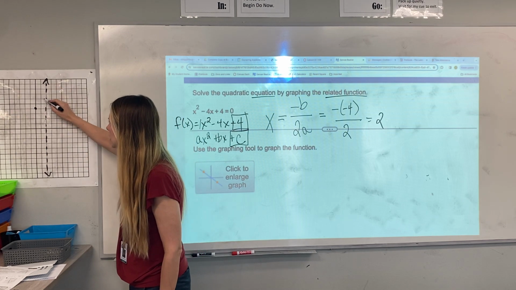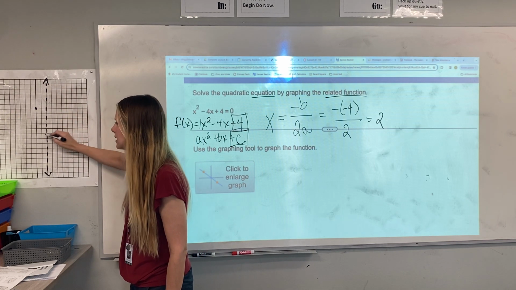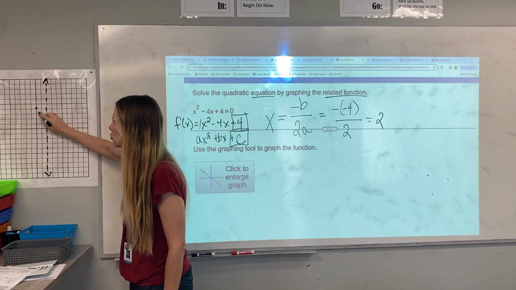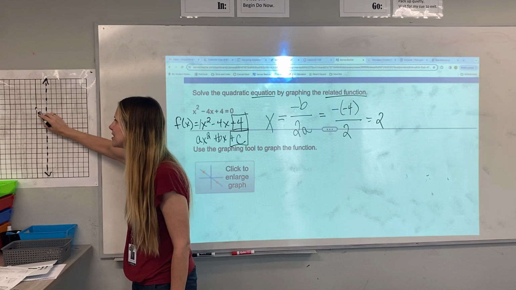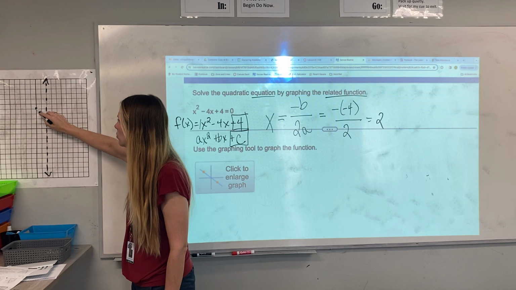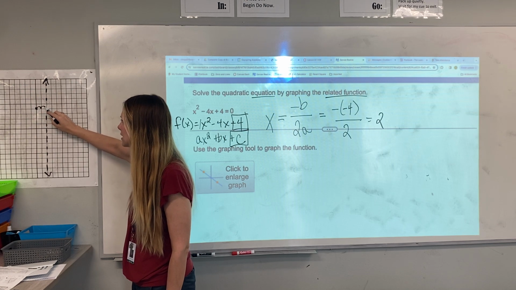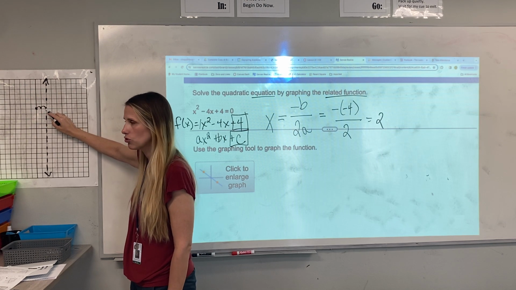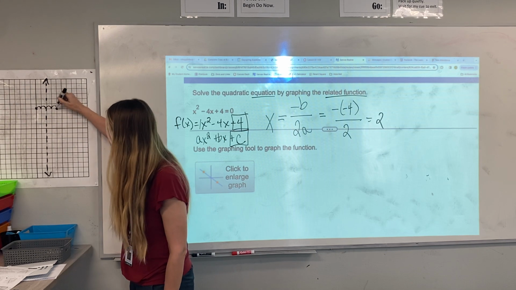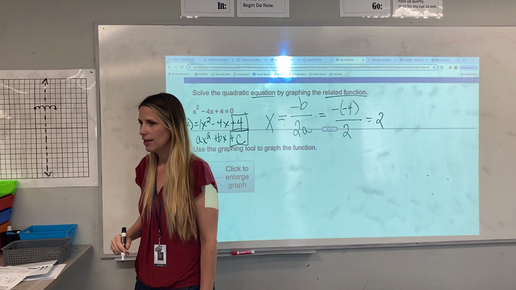Okay, if this is where the parabola is symmetrical, then what does that mean about graphing a point based on this point? Yes, Zach? It would be positive 4x. Very good. You would go, well, if it's 2 units to get to the axis of symmetry, then it's 2 more units to get away from the axis of symmetry.